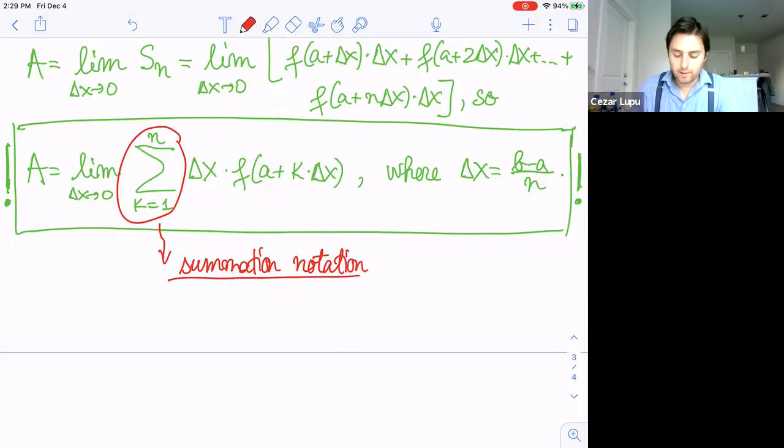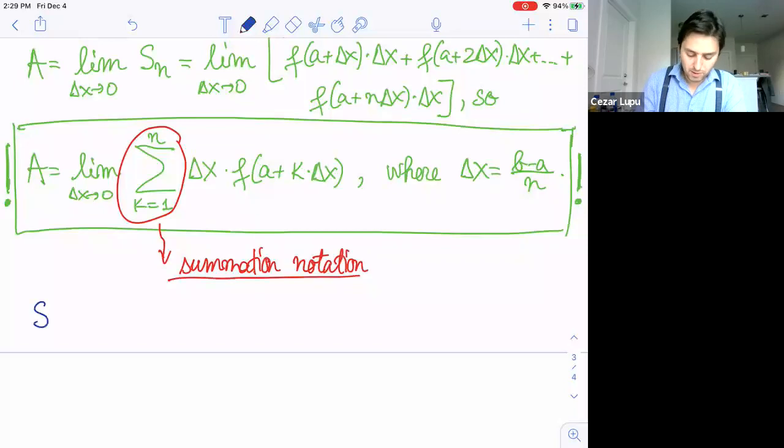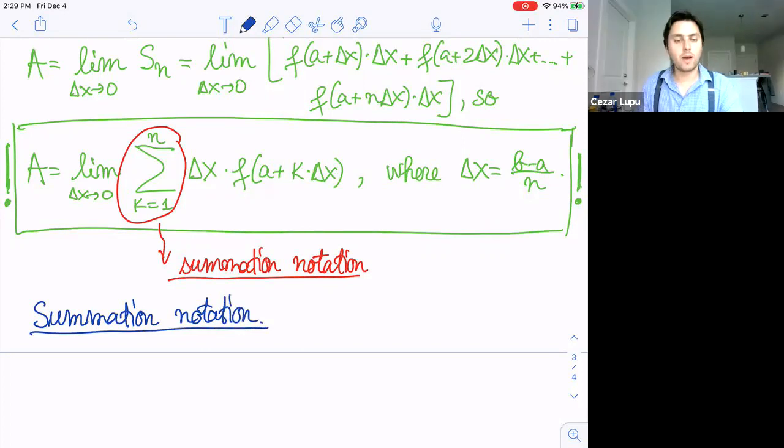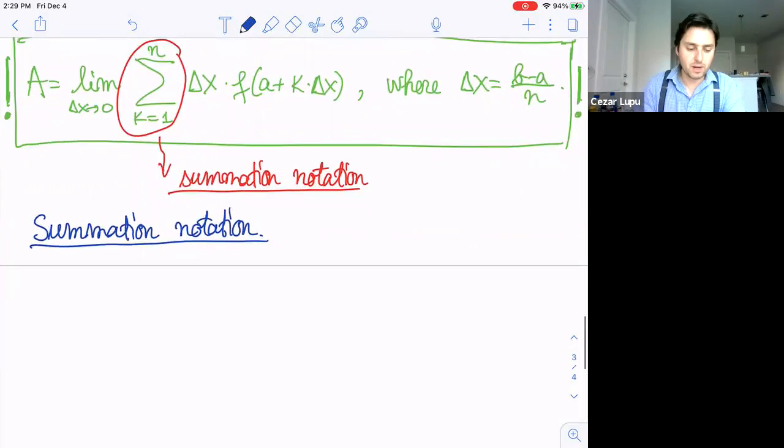Right? Now let's say a few words about the summation notation. It's pretty clear.